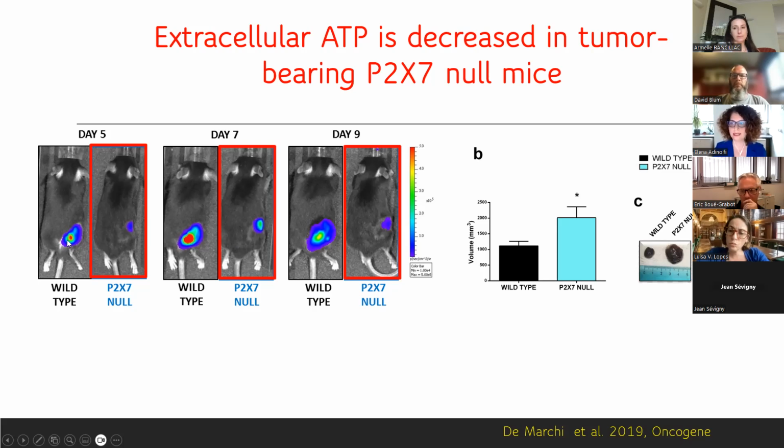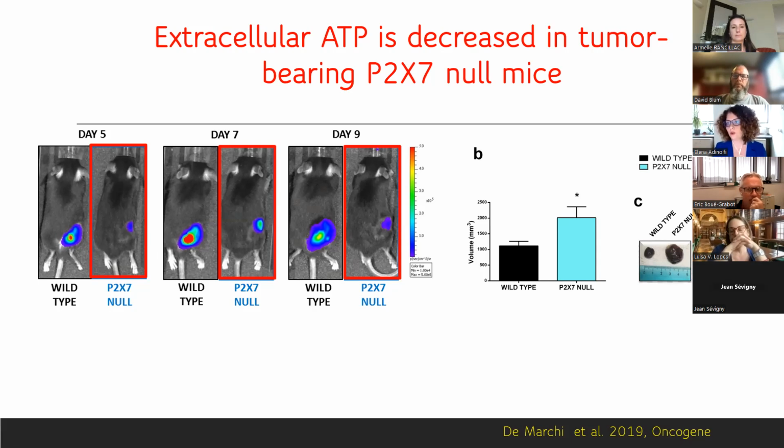So we see less extracellular ATP in the knockout mice than in the wild type. Interestingly, this decrease in extracellular ATP correlated with an increase of the dimension of the tumor mass. That's meaning that possibly this decrease in extracellular ATP could favor tumor growth.